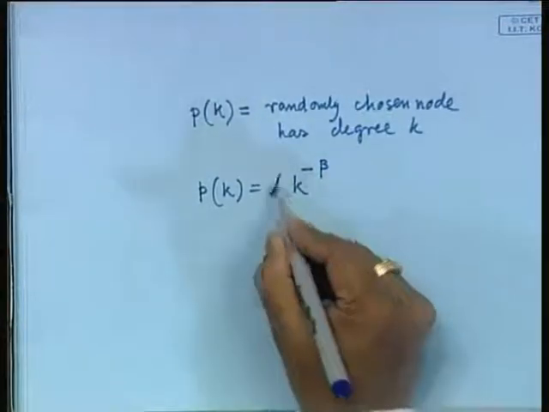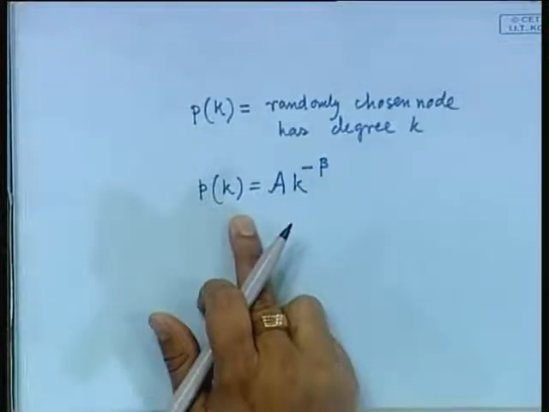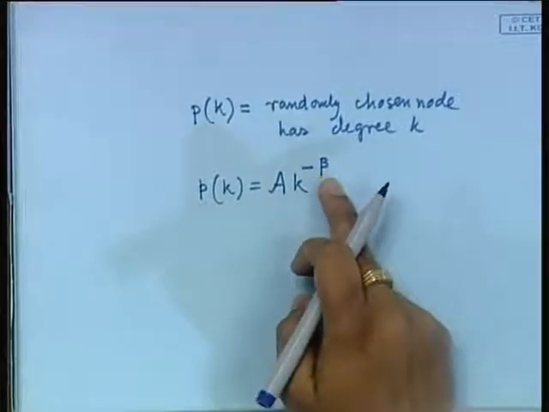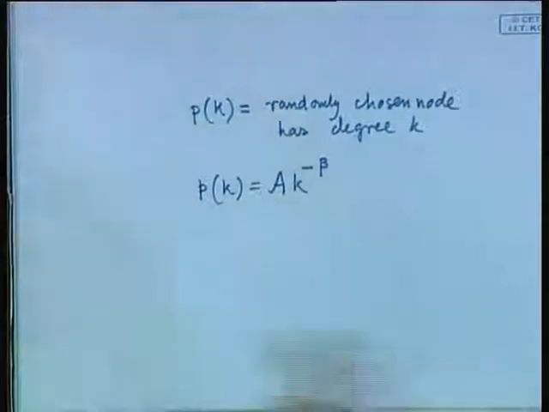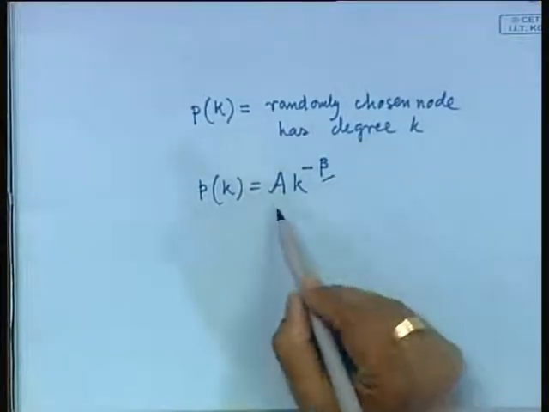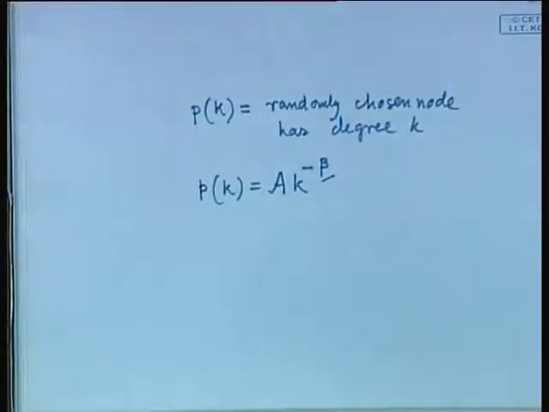Say, the probability that something has degree k is a power of k, but of course it has to be a negative power, because otherwise it will not normalize. It can also be a positive power, but usually it's negative, and it's multiplied by some normalization factor, which is a.